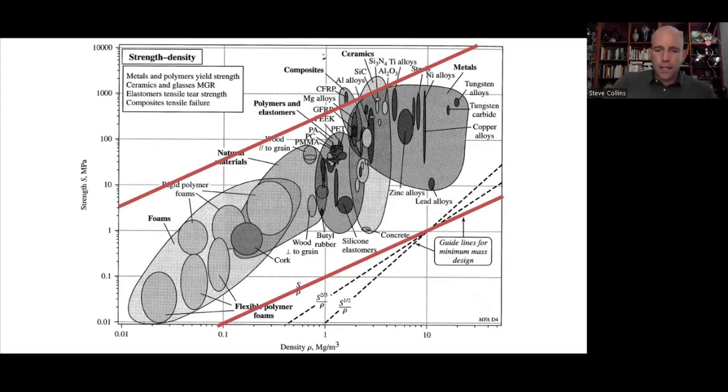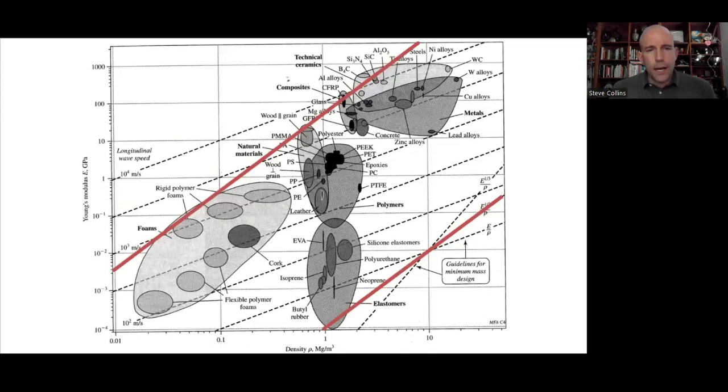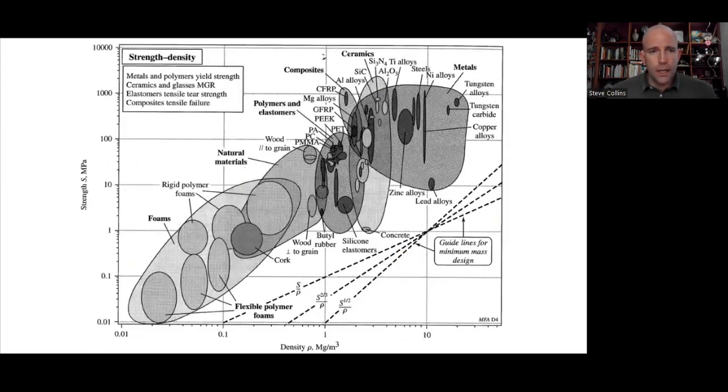In the previous slide, we saw that we probably wouldn't want to choose most metals because most of them are about an order of magnitude worse in terms of their material factor in this elastic modulus versus density case. We certainly wouldn't want plastics, again, an order of magnitude worse.